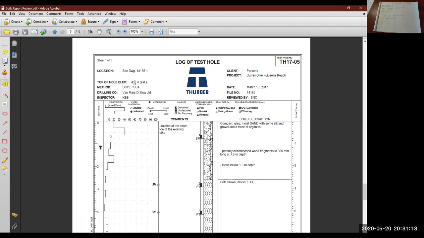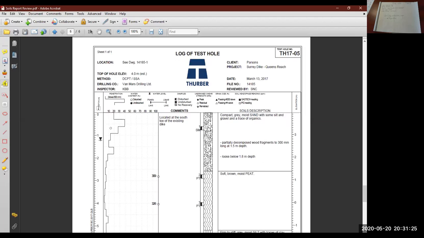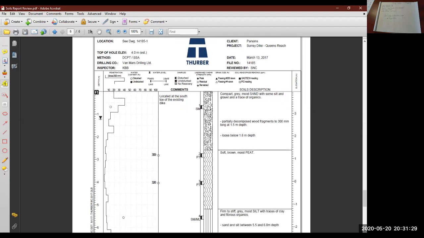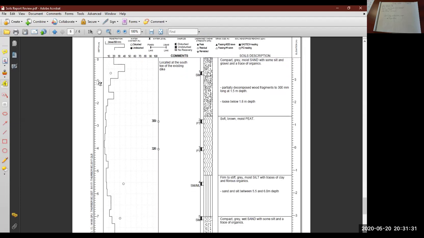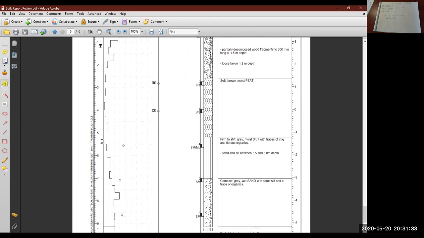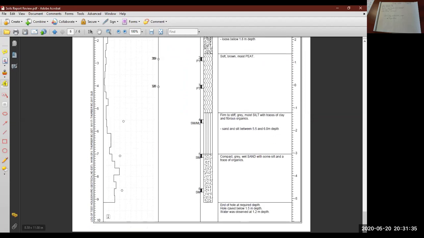It gives you the approximate elevation of the ground surface, the top of the ground, elevation 4 meters, approximately. Who did the drilling? Then the first thing that you see here is the depth below ground. They drilled 1, 2, 3, 4, 8, 9. Looks like they stopped about 9 meters deep, or just over 9 meters.